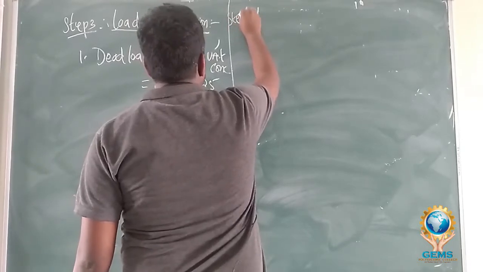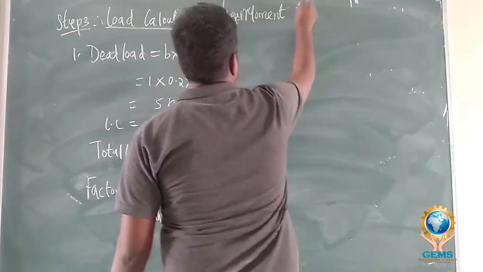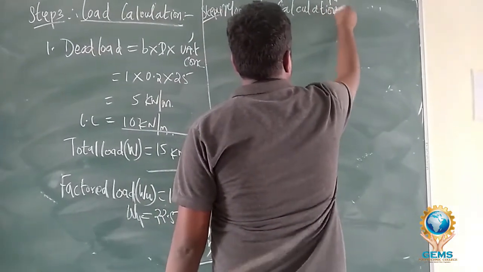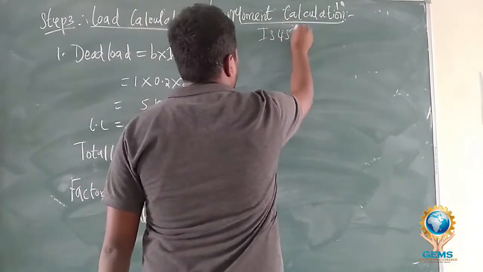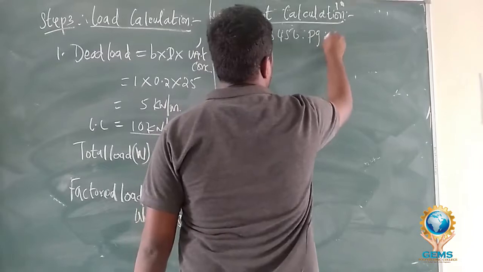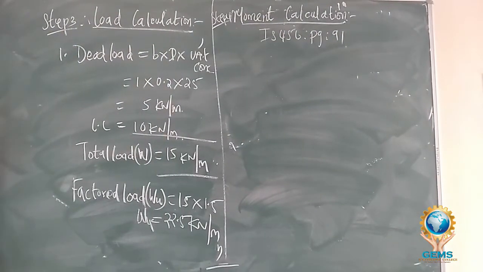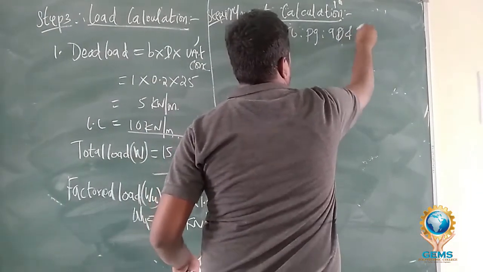Step 4, moment calculation. According to the code book IS 456, page number 90 and 91.